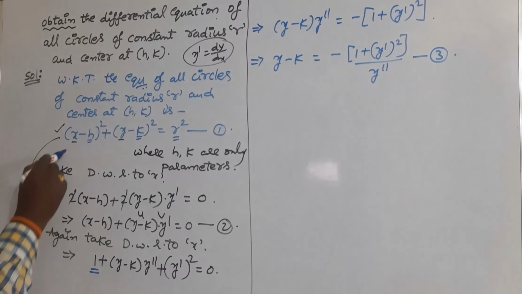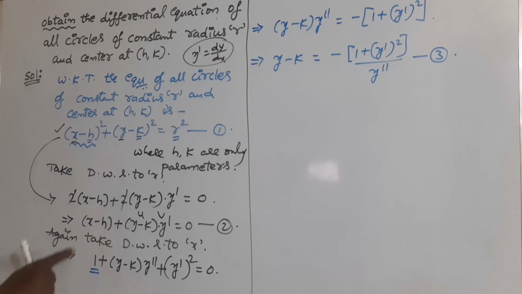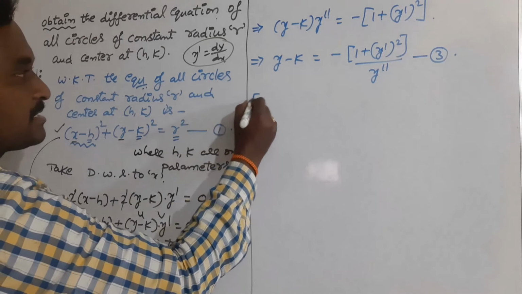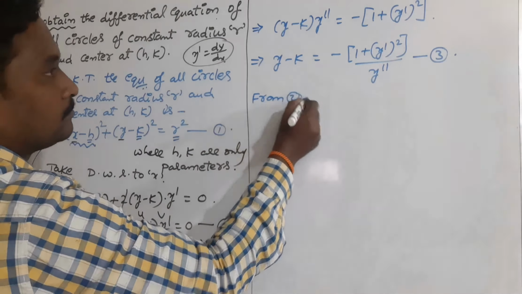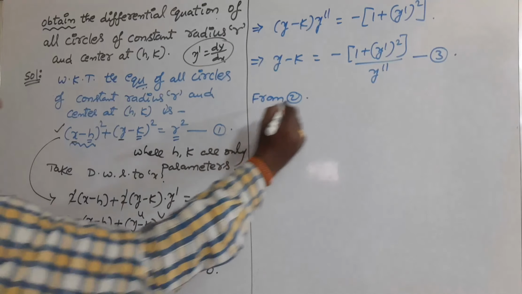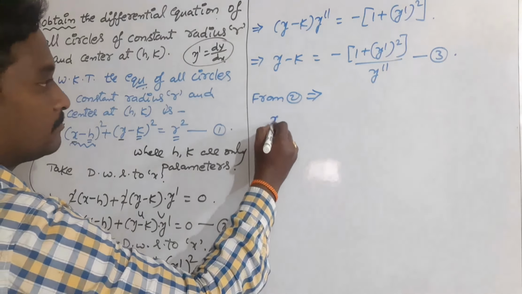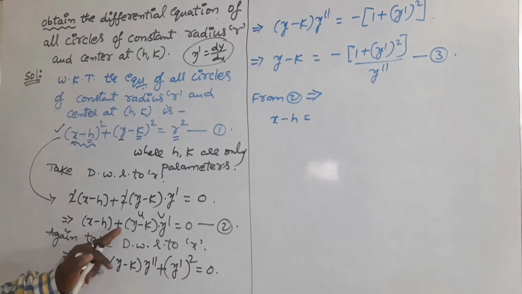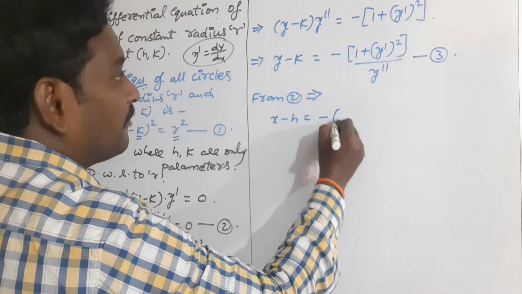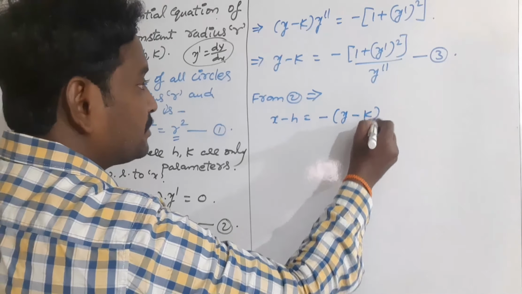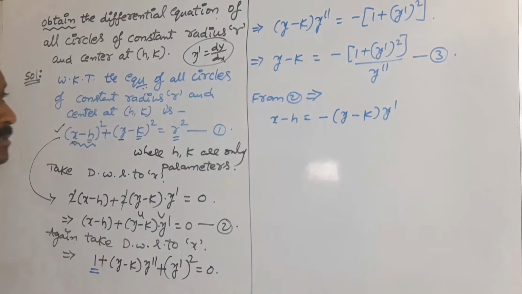Now we have to find the x minus h value also. See equation number 2. From 2, what is x minus h? x minus h is equal to negative of (y minus k) into y dash.